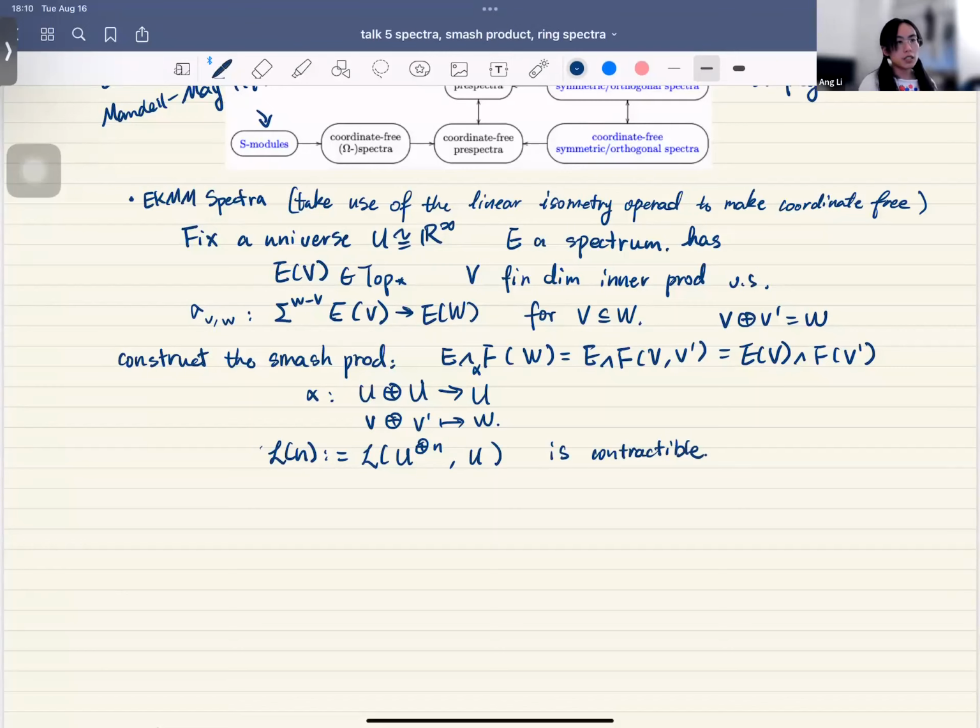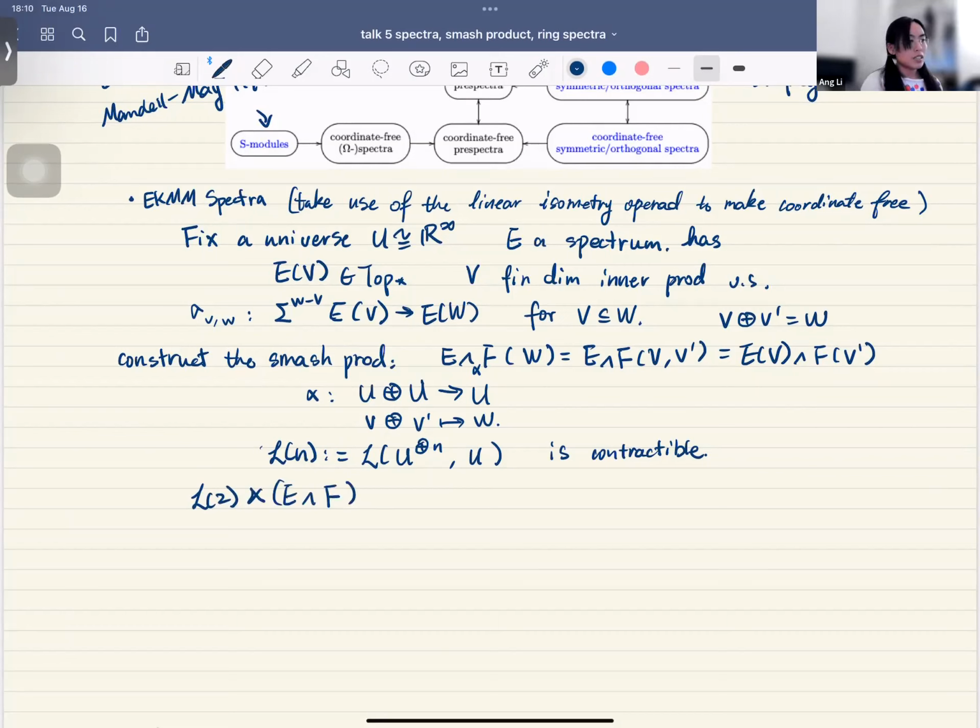So yeah, having a lot of choices is okay because the choices are all homotopic to a point. So that means we can sum up all the choices when we take the product. So they construct this thing called a twisted half smash product. And the notation is like this.